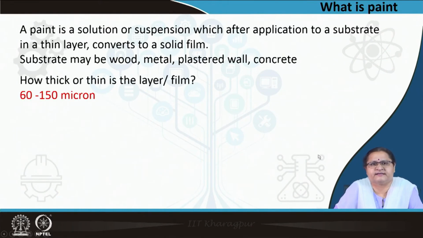How thick is a layer of paint or the film of paint? It is around 60 to 150 micron. So you have to understand that the solid film is made of certain particles which are at most maximum 150 micron in dimension.